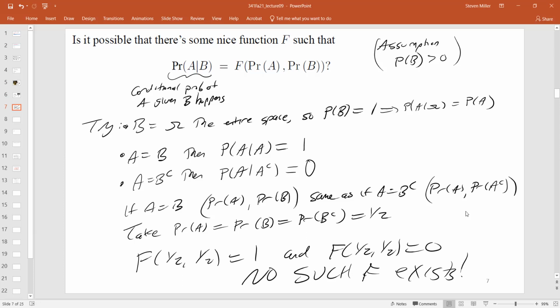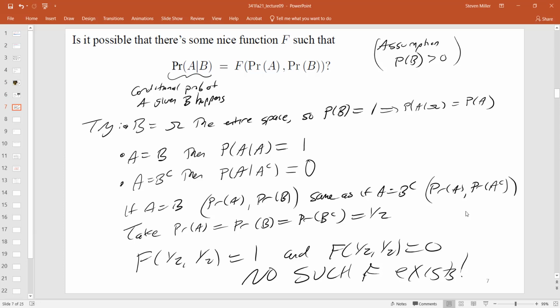Because if the conditional probability depends only on the probabilities of A and B, then if I take the special case when A equals B and both happen half the time, I get 1. If I take the special case when A equals B complement and they both happen half the time, I get 0. So there can't be any function that depends only on the probability of A and the probability of B. Conditional probability has to be more involved than this. And what's great is we proved the non-existence of a formula just by looking at some extreme cases.